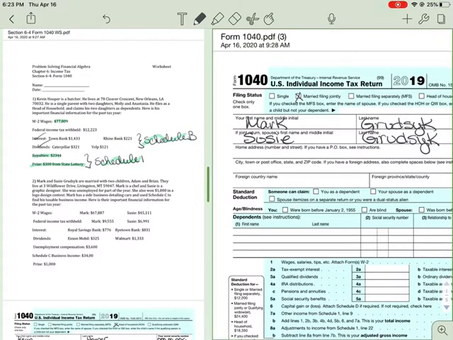They live, like I said, at 3 Wildflower Drive, Livingston, Montana 59047.